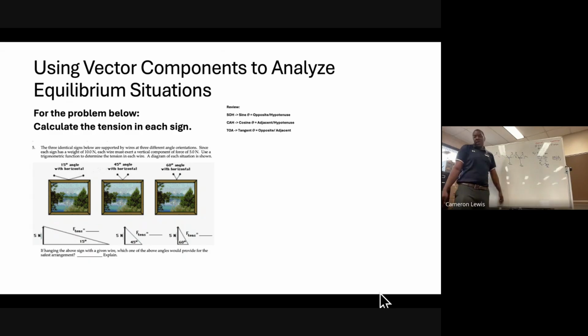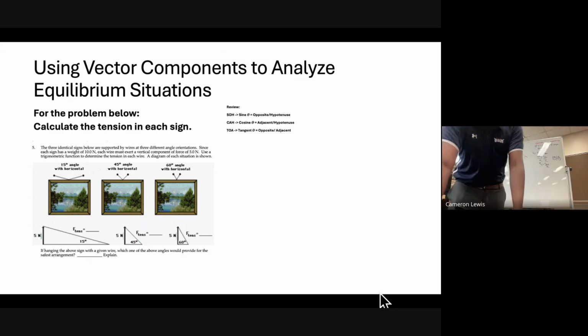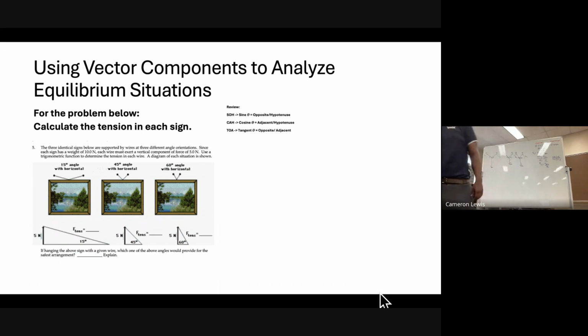How do I figure out my weight? Let's see if they give it to us. Oh, they kind of give it to us already. They said that each sign weighs about 10 newtons. So if I substitute that in there, instead of it just being F grav, now I know that this is equal to 10.